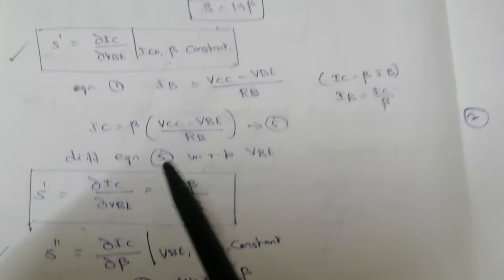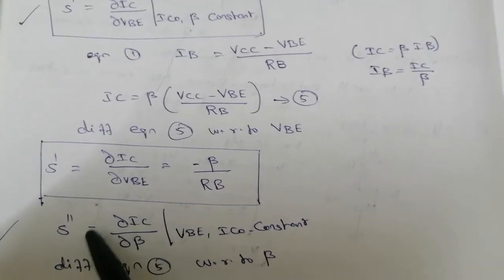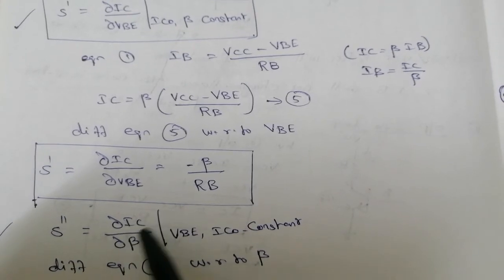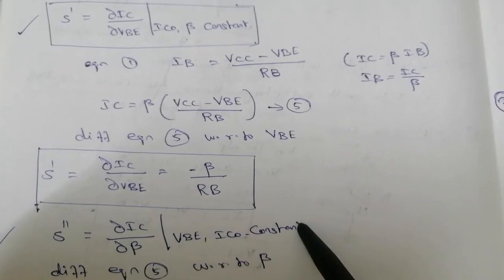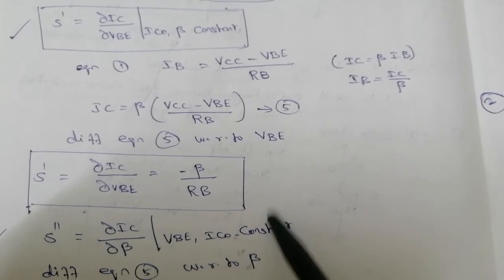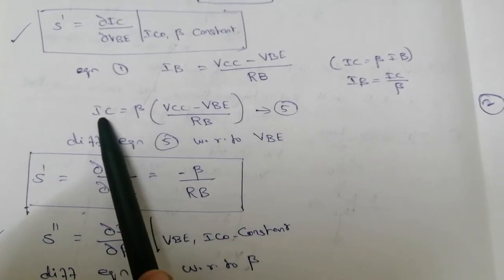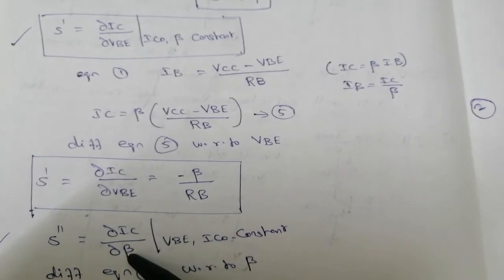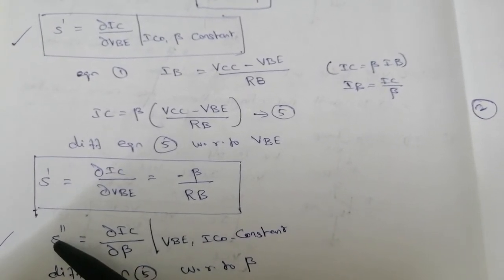Now find the S double dash. S double dash is nothing but change in the collector current due to the transistor parameter beta. The remaining two parameters are constant. So here also we use equation 5, because we have an equation of IC. Now differentiate this IC with respect to beta, we get the S double dash, right?